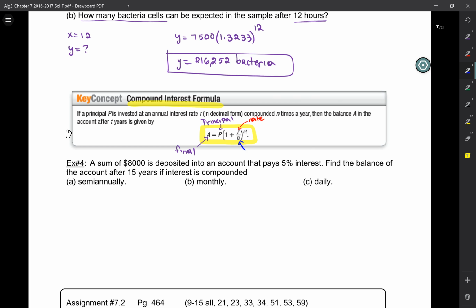So if you get a statement 3 times a year, what's N? 3. So N is the number of times per year that the bank pays you. Why does it have to be 1 plus that?